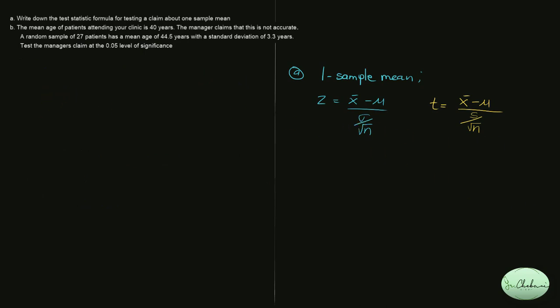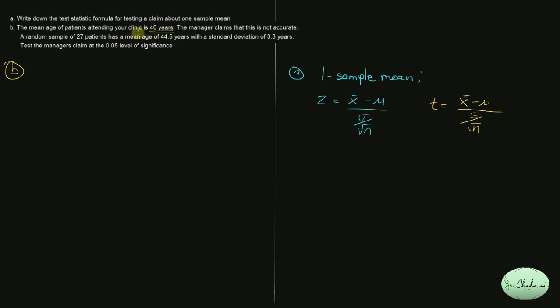Okay, now we will go on to conduct our hypothesis test, right? So the question here, the B part, says the mean age of patients attending your clinic is 40 years.